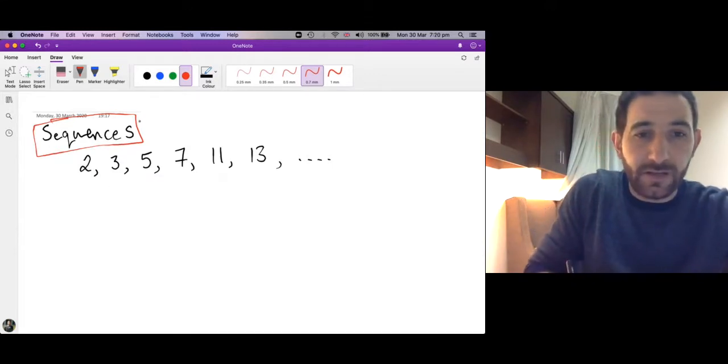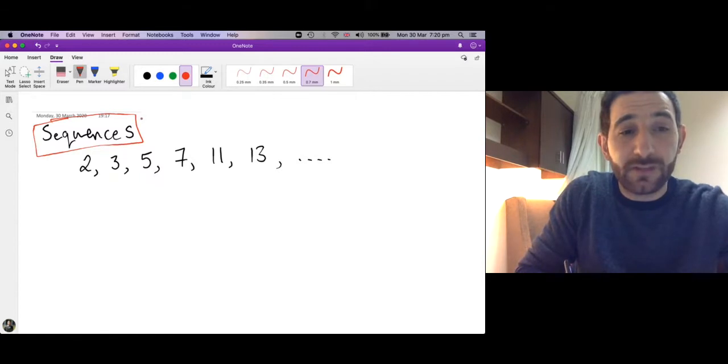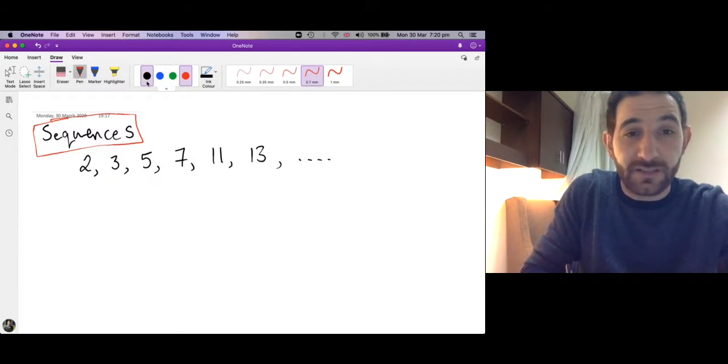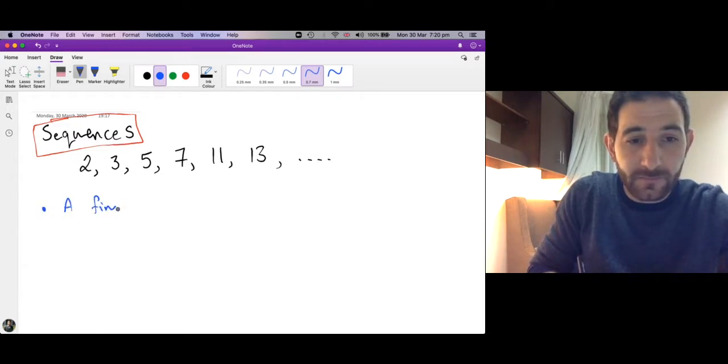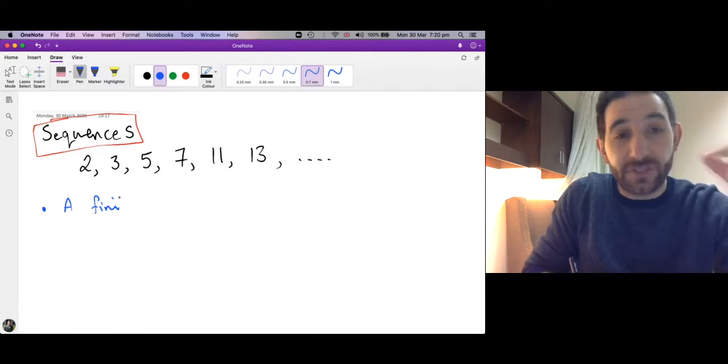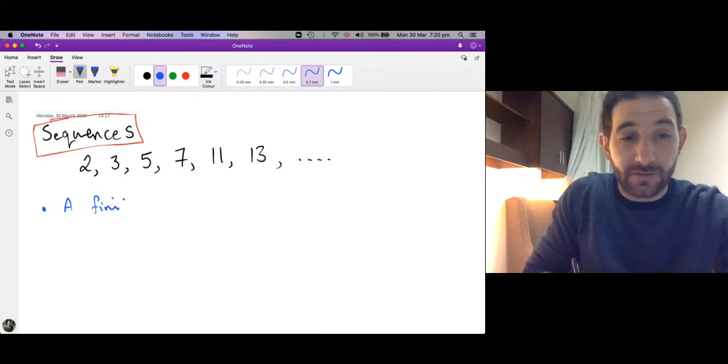Let us define precisely what we mean by a sequence. Here's a definition. We want to use functions to define what a sequence is.